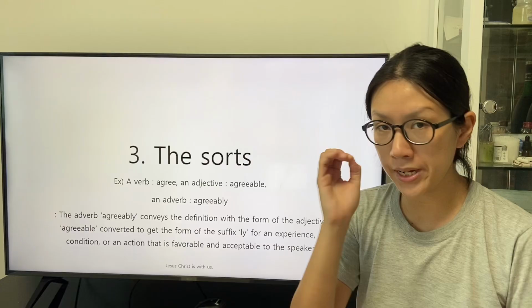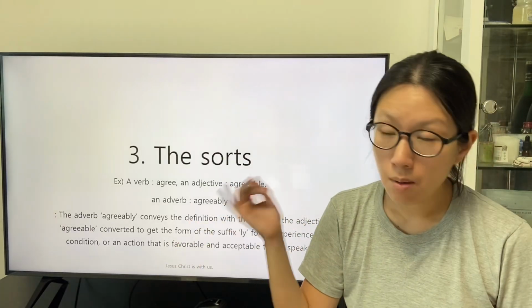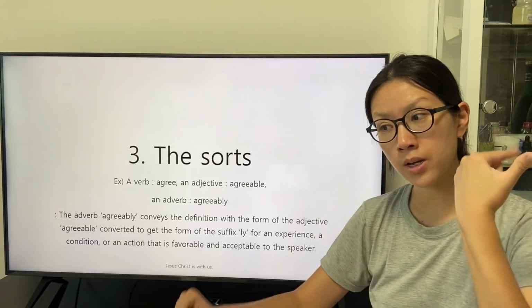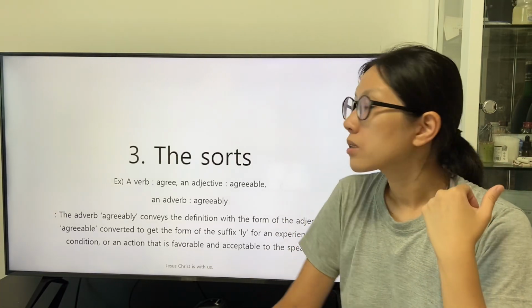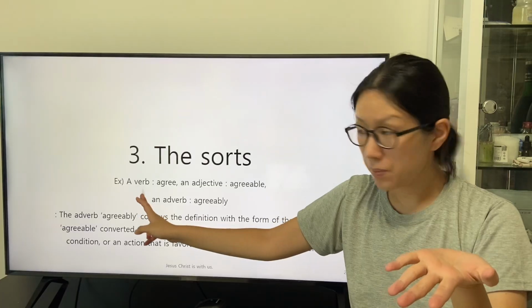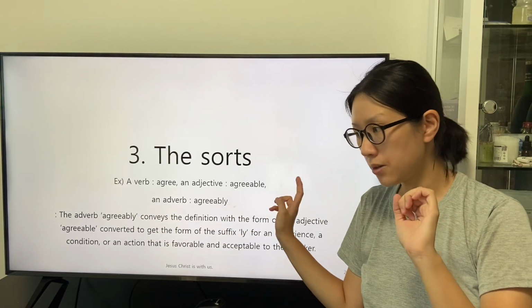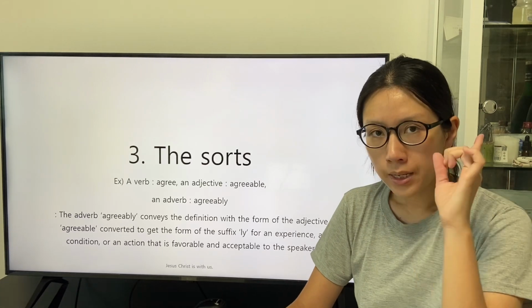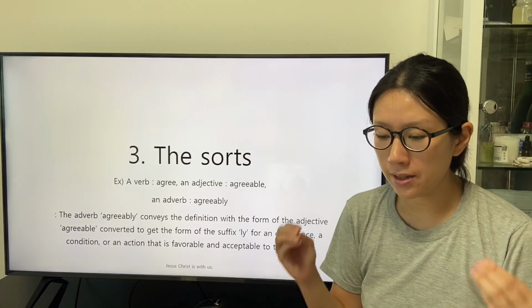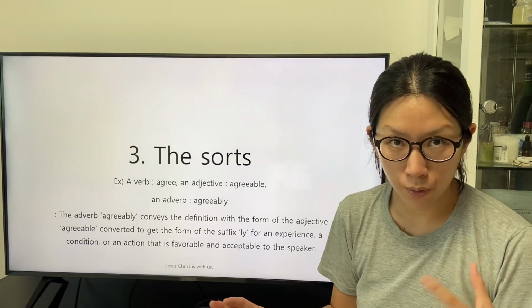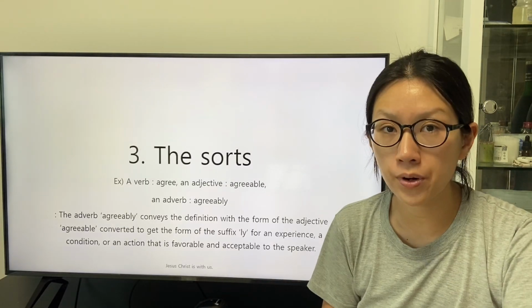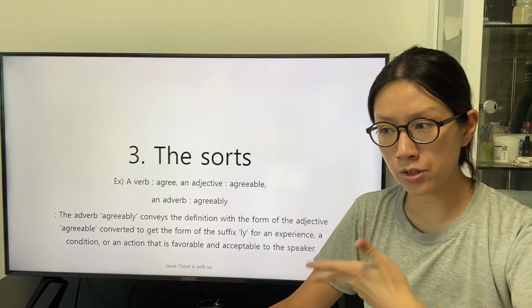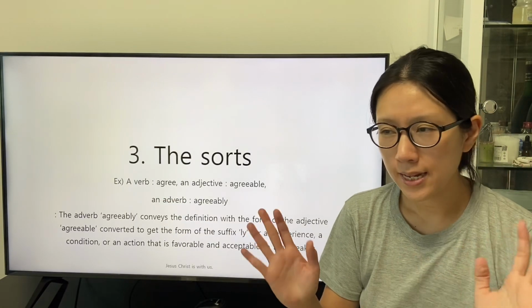Even though the letter E is excluded, we can still guess the correlation between the definition of the adverb agreeably and the definition of the adjective agreeable, from the fact that the body of the descriptive word agree is included and shared in each descriptive word.